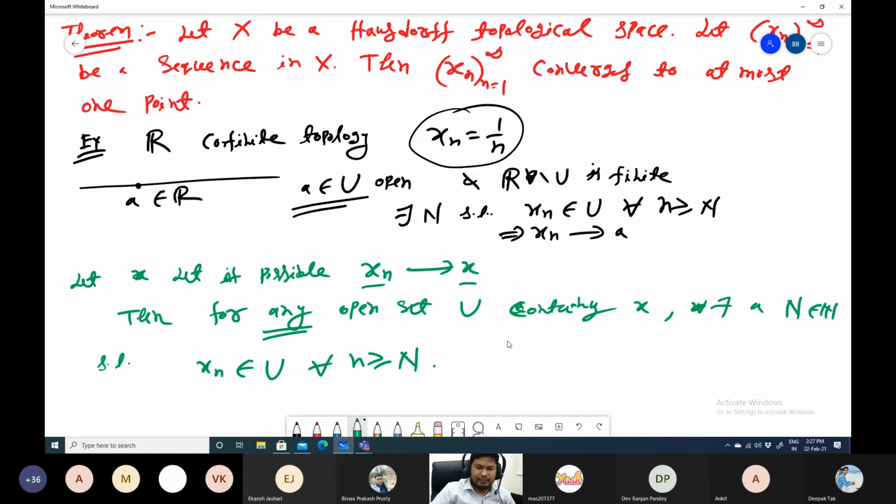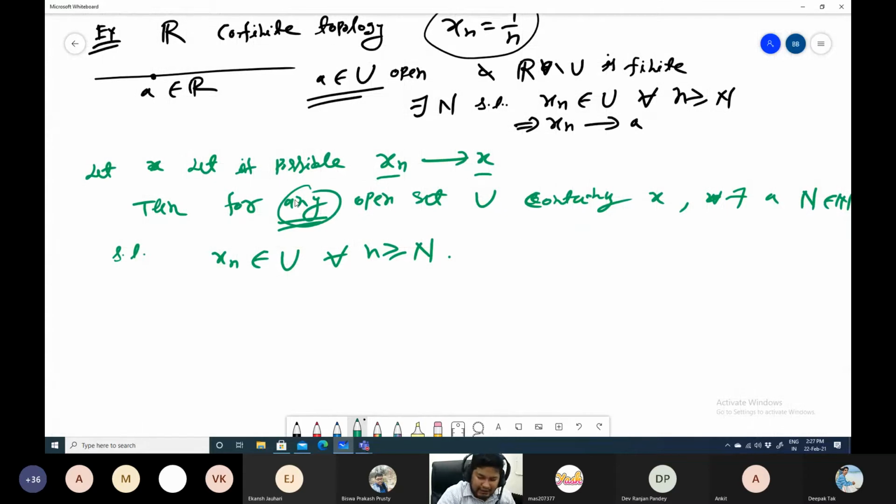This is true for any open set. Remember that. Now we will actually use this definition.